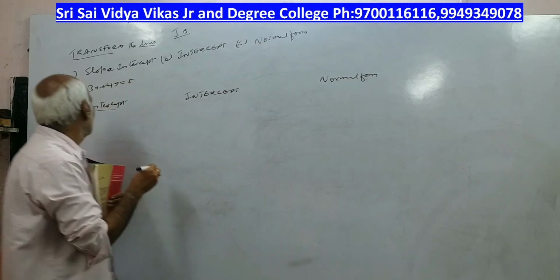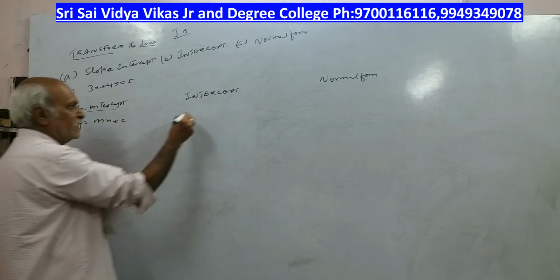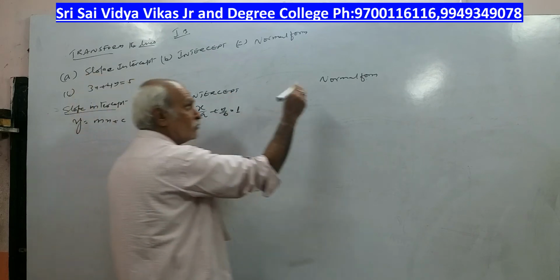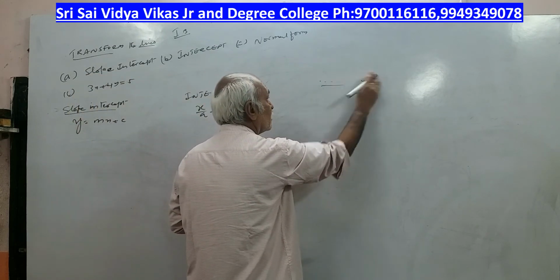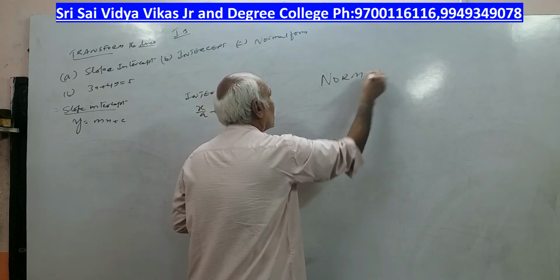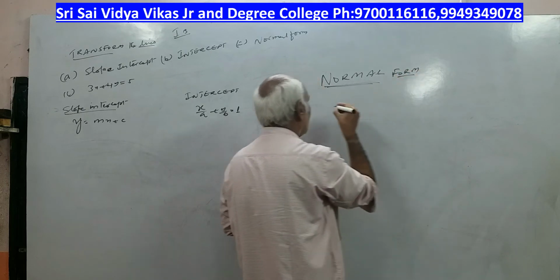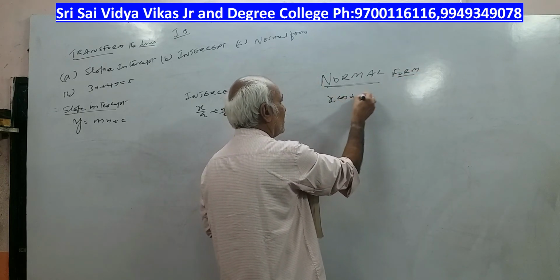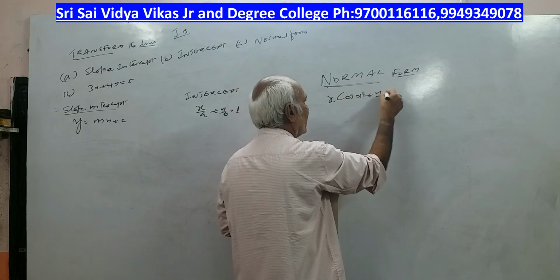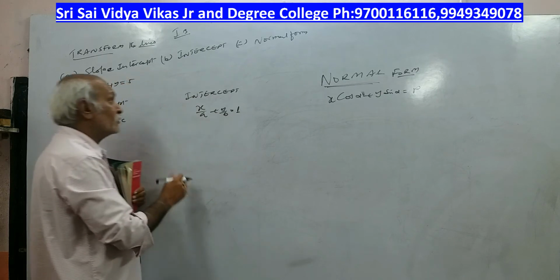What is the slope intercept? y is equal to mx plus c. Intercept: x by a plus y by b is equal to 1. Now, look at the normal form: x cos alpha plus y sin alpha is equal to p. So, these three forms you have to convert.